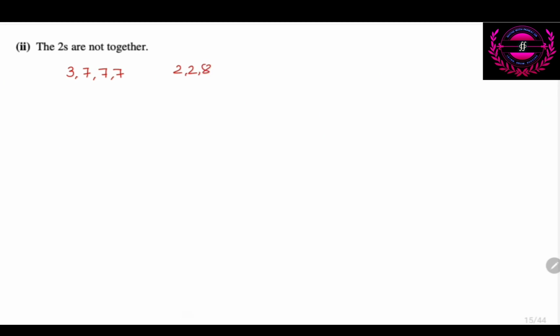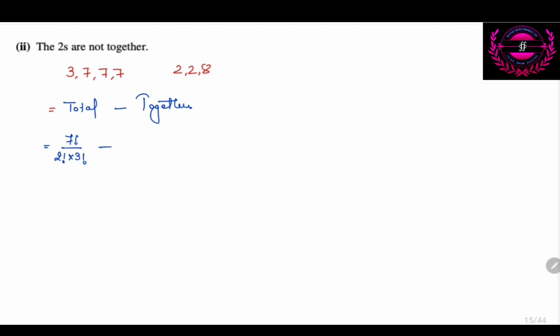Twos are not together can be calculated as total possible arrangements minus together. Total will be 3 plus 4, 7, so 7 factorial upon 2 factorial into 3 factorial, minus the number of ways in which twos are together.